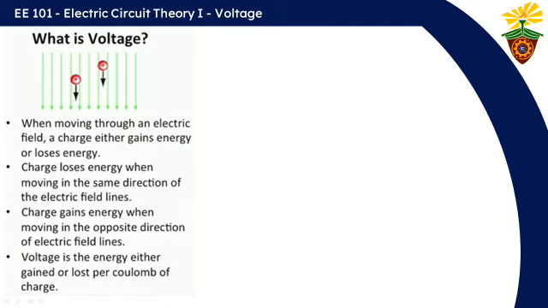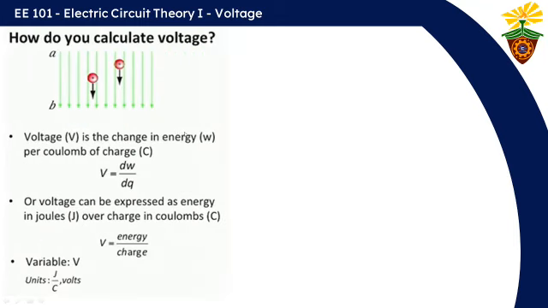The charges that you see here have an electric field line that points from top to bottom, and the charges are moving in the same direction. So they are losing energy. Charges gain energy when moving in the opposite direction of the electric field lines. So this charge would gain energy if it were moving from bottom to top.